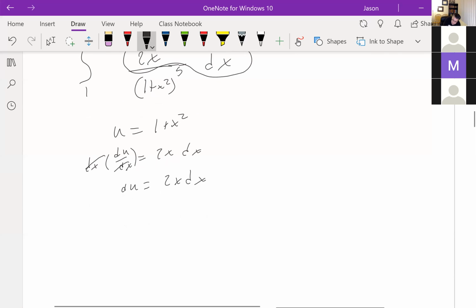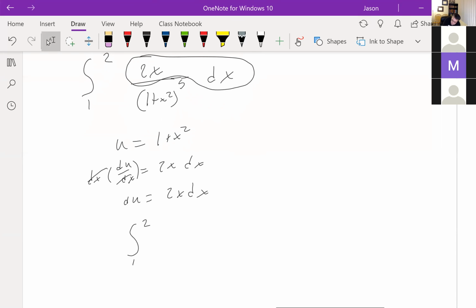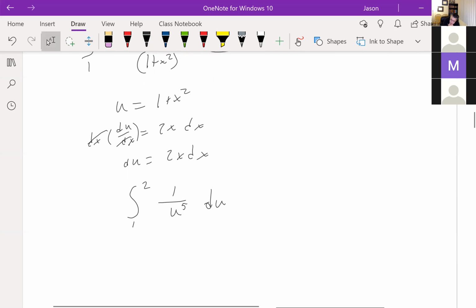So this becomes the integral from 1 to 2 of 2x dx, that's the du, so that's fine. Then 1 over 1 plus x squared to the 5th. What's the 1 plus x squared? That's u to the 5th power, and then this is just du. Interesting. I'm going to integrate.